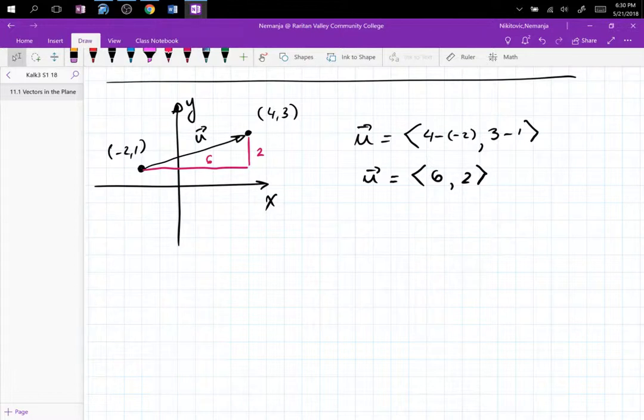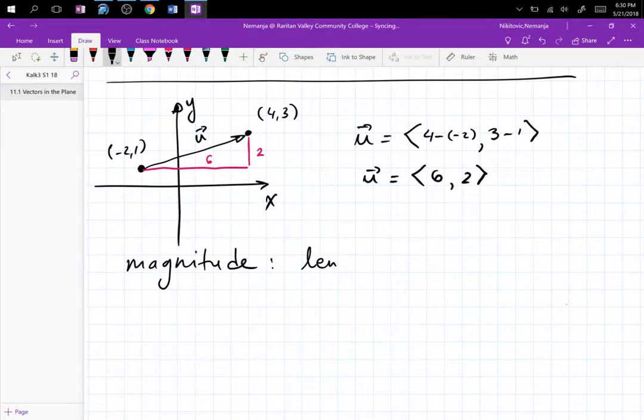Now, the vector has the magnitude, and the magnitude is the length of the vector.